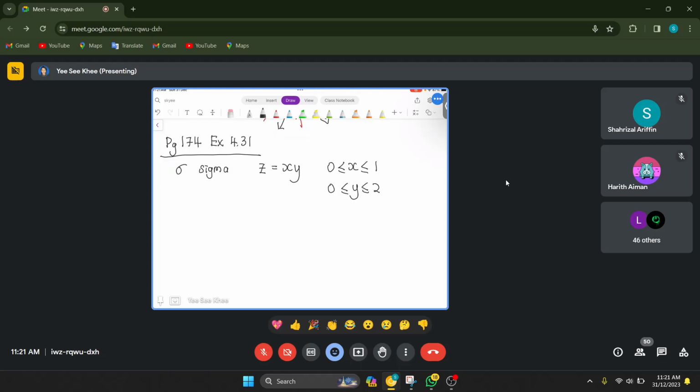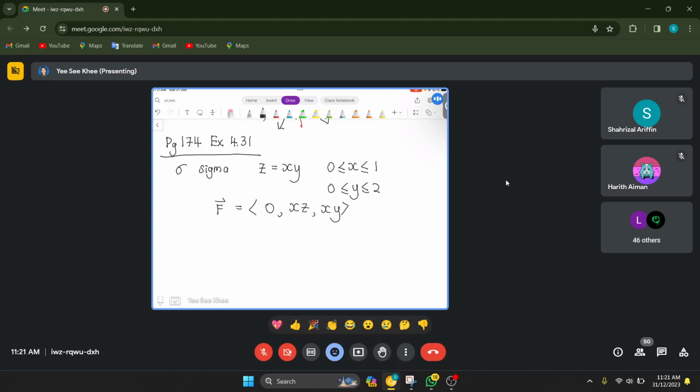Now the F, the force or the field, is equal to (xz, 0, xy).